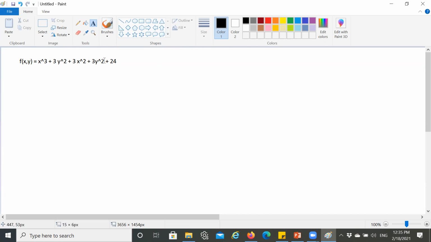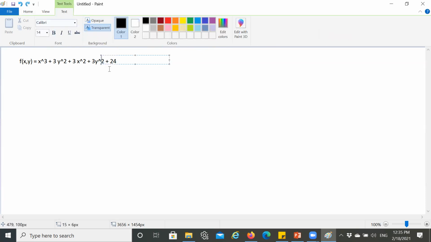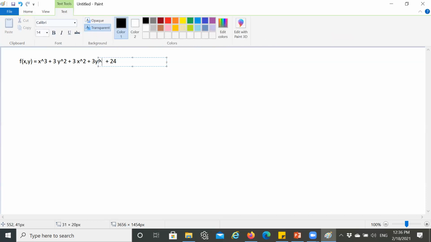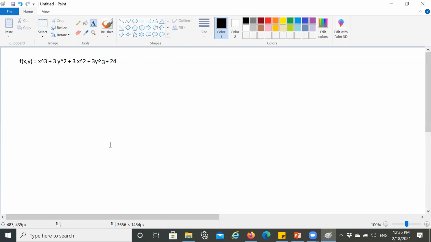Okay, let's correct this to cube, so this is to the power 3. Please solve this for me. What you have to do is use, obviously, the necessary and sufficient conditions to find the points and to tell what type of points they are. Hurry up.